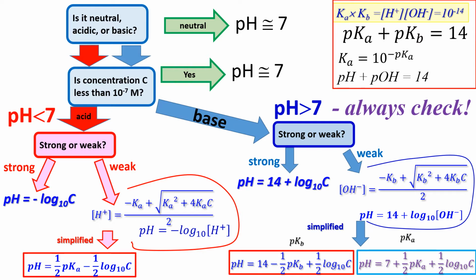Next assumption, we are talking about so-called room temperature, somewhere between 20 and 25 degrees Celsius. Any other temperature will require different constants to calculate, otherwise the equations would be the same.